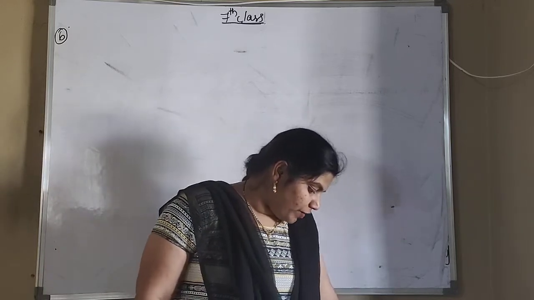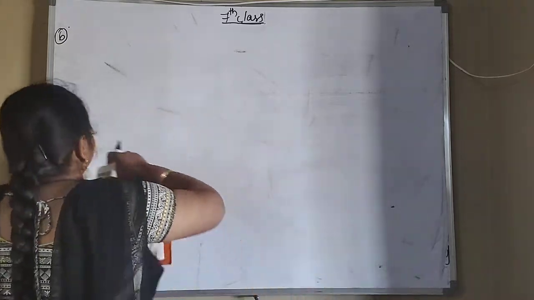So subtract the sum of x square minus 5xy. So what is the question?